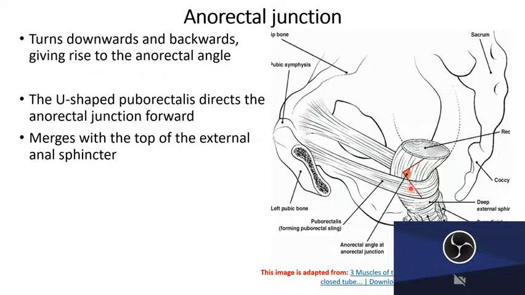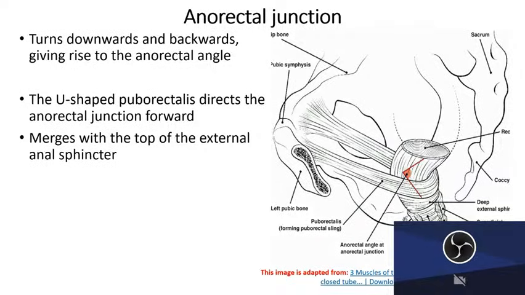That is what forms the anorectal angle, and the puborectalis will also merge with the top of the external anal sphincter. It has the deep, the superficial, and the subcutaneous parts. We'll have that in a separate lecture.